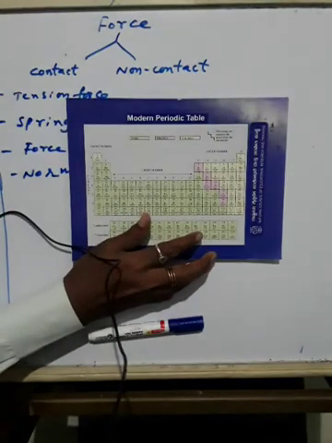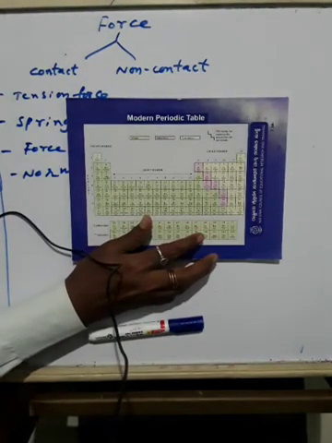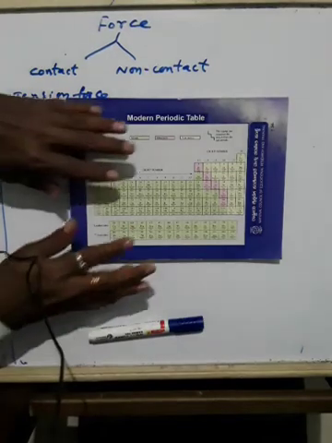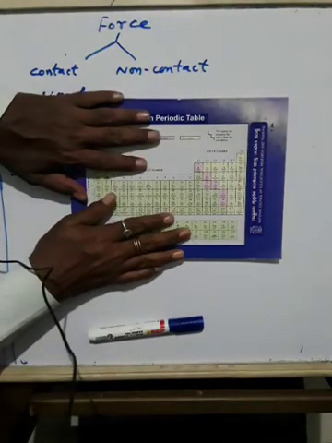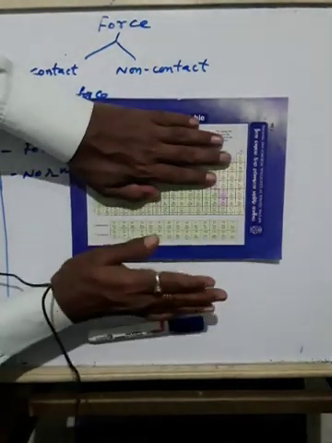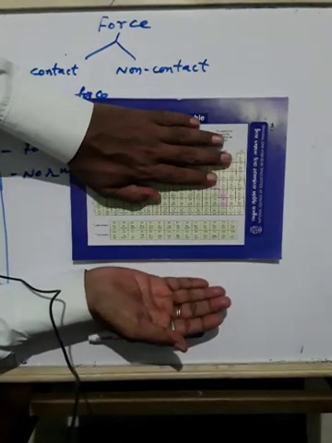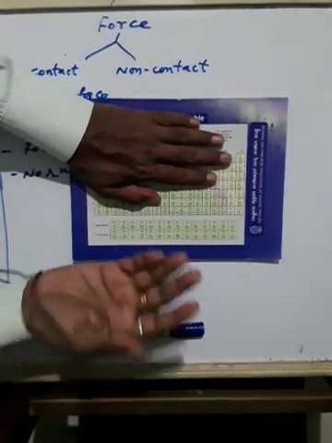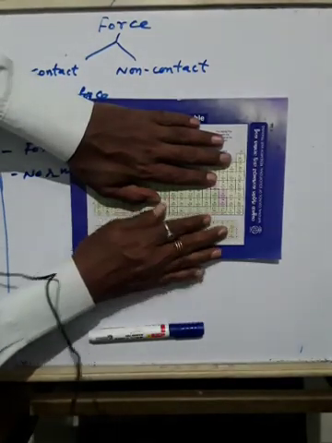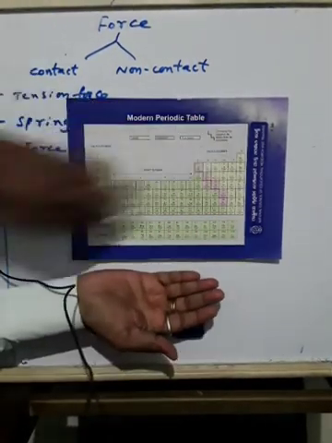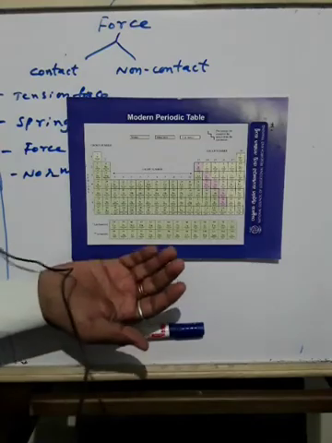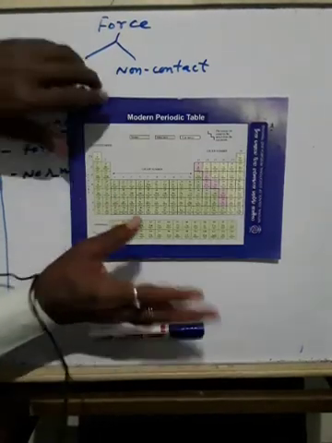What happens here? The table also exerts an upward force on the book. You don't say that only the book is exerting force on the table, there is one more force from the opposite side, that is the upward force. So the book exerts a downward force and there is an upward force from the table. In this way, that force is called normal force.